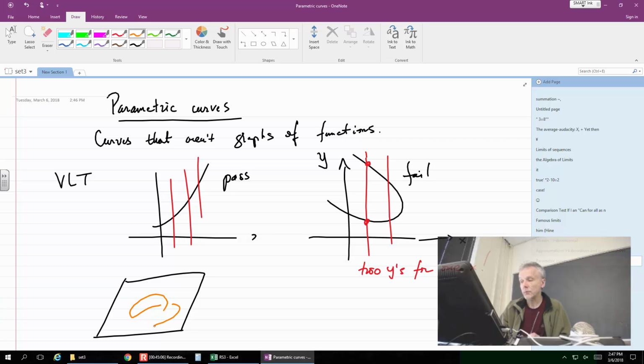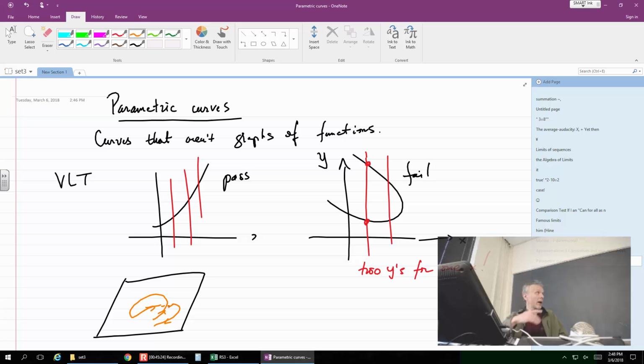Okay, so which way does it move? We don't know. It can do it in any way it wants. It could not only make a loop and come back, but it can actually cross its own path eventually, like this. There is no restriction whatsoever in that respect.